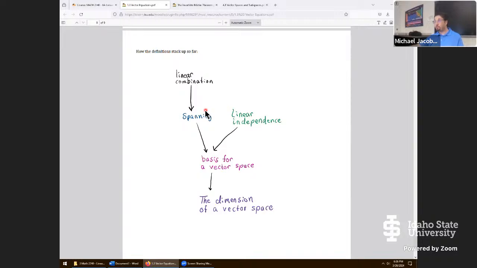In sections 4.1 and 4.2, we took another look at spanning, but now we're going to take another look at linear independence. The reason we are redoing all this is that the definition for linear independence in chapter 1 was specifically for when your vector space looked like this, Rn. But vector spaces are not always like that. They could be a polynomial space, such as Pn. Turns out there are similarities.